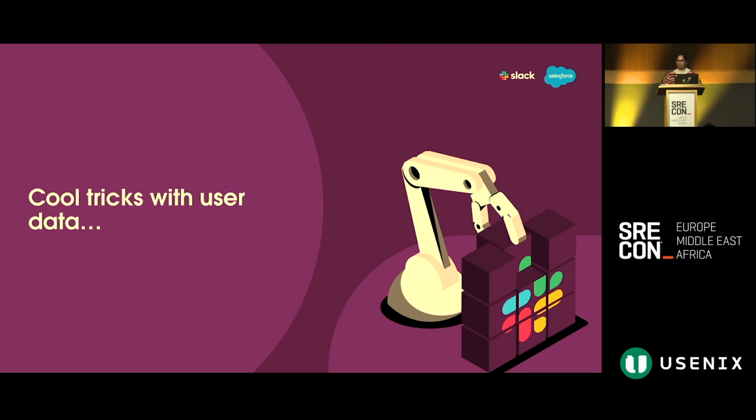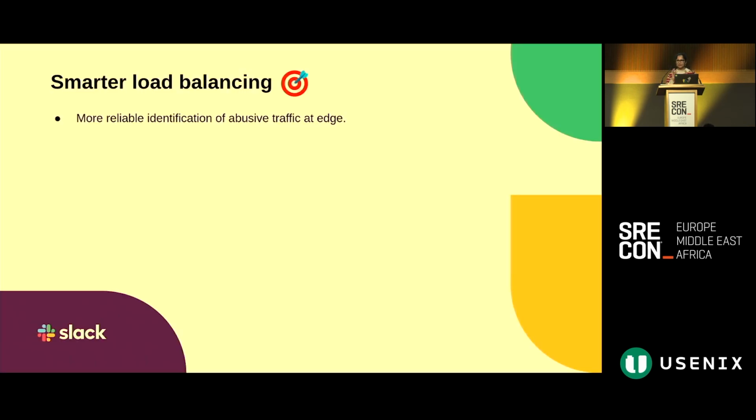What did we get out of all this? I'm going to try to run through this quickly because I want to make sure that we have time for questions. Now that the requests are tagged with user information, even for webhooks and bot requests, we are in a better position to identify where the traffic is coming from, at least for the majority of them. In the past, we have had events where certain bots or webhooks or certain resource-intensive APIs were getting a lot of requests.